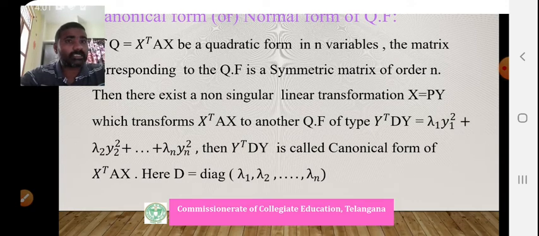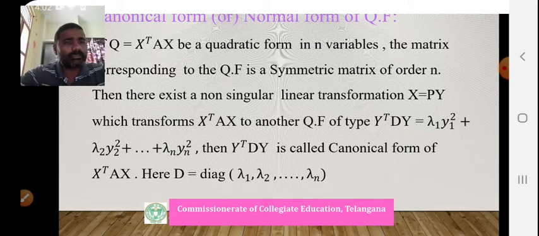In the original x transpose Ax, how many terms are there? The diagonal elements are n, and the upper elements are half of the rest. So the original x transpose Ax with n variables, how many terms are there? For 2 by 2, 3 terms.